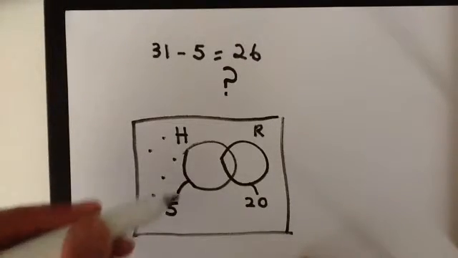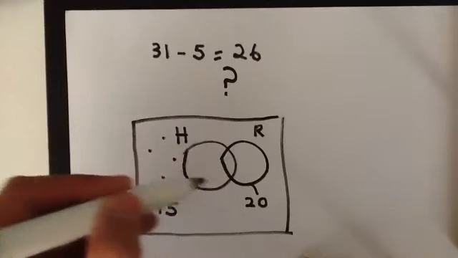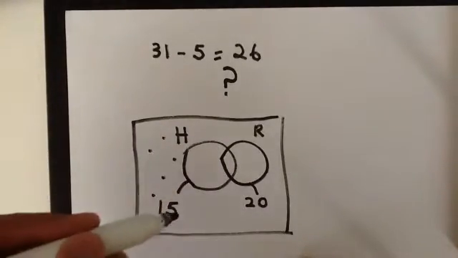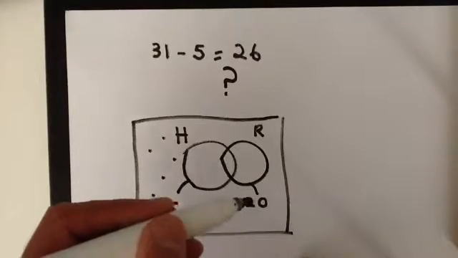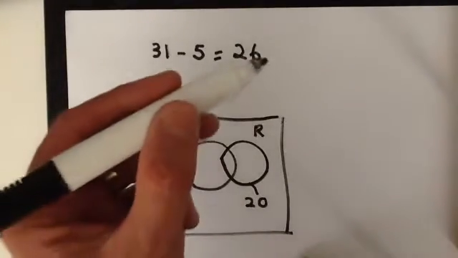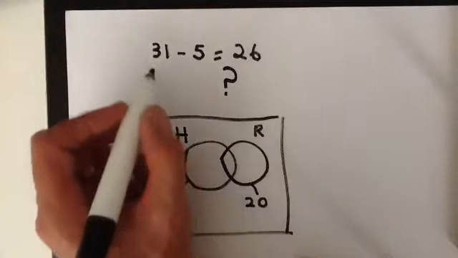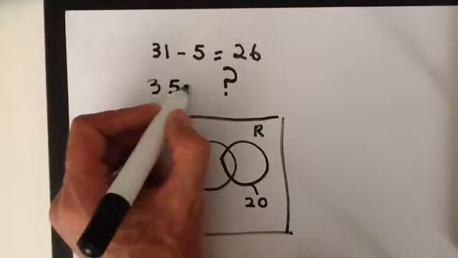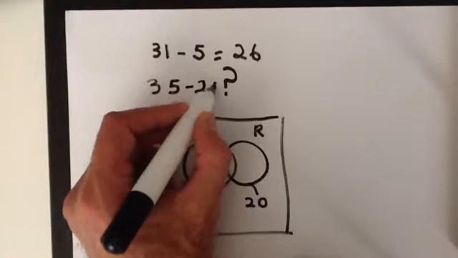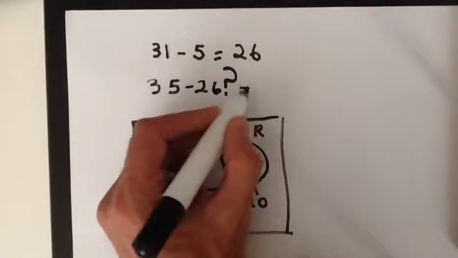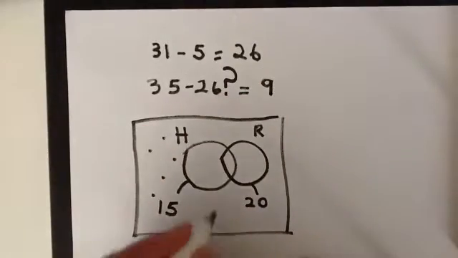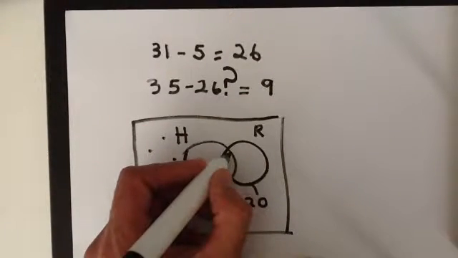Now, I must have 15 in here and 20 in here. 15 and 20 is 35, but it must only be 26. So I seem to have 35, but I've only got 26. If I subtract, I'll get 9. So there will be 9 dots in here.